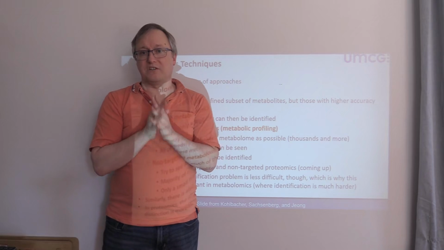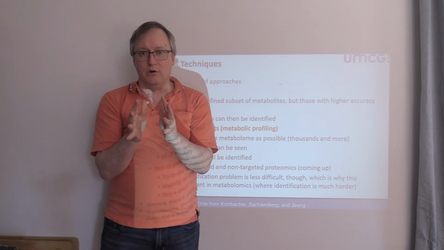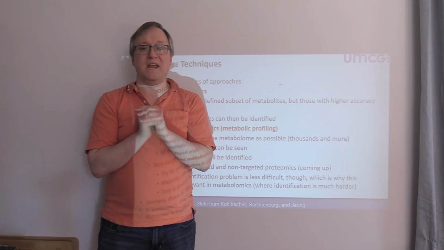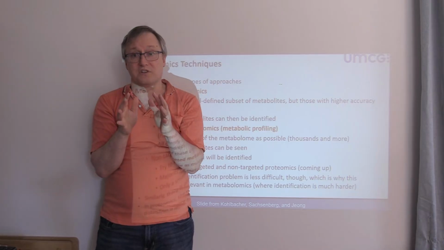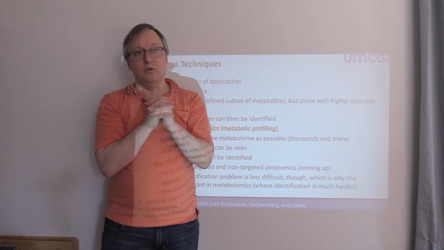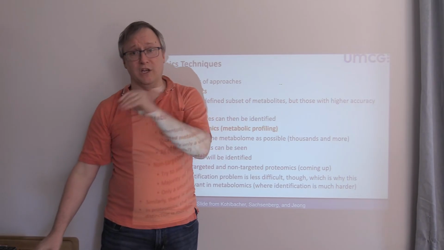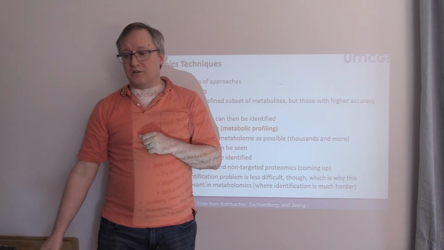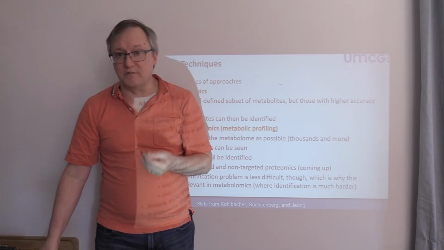So when we start trying to measure these metabolites, we may have a very broad question that we're trying to address, or we might have a very focused one that we wish to address. So with targeted metabolomics, we usually have a very clear notion of which molecule or molecules we want to study. So maybe we're studying ascorbate in blood, something like that.